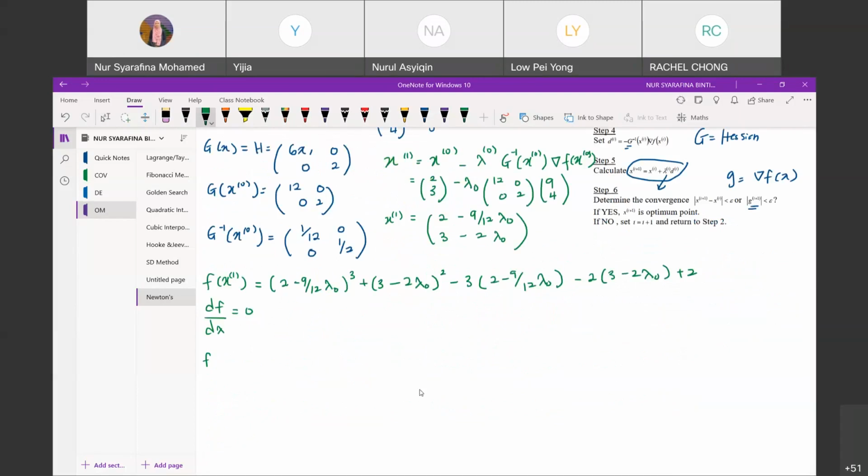So df(x1) over d lambda naught equals what? Differentiate f here with respect to lambda naught. Later you check again, okay?